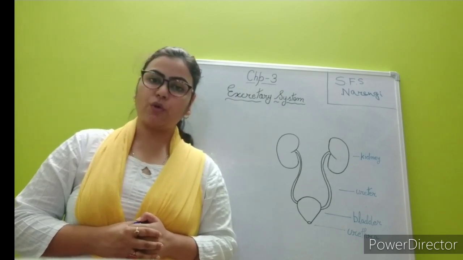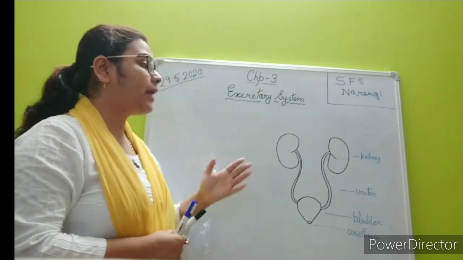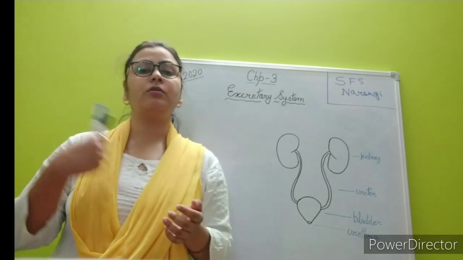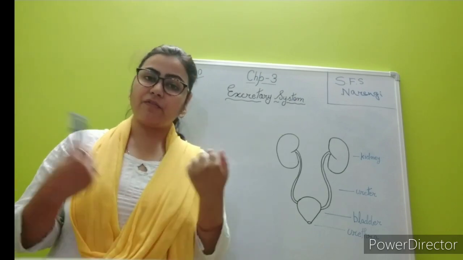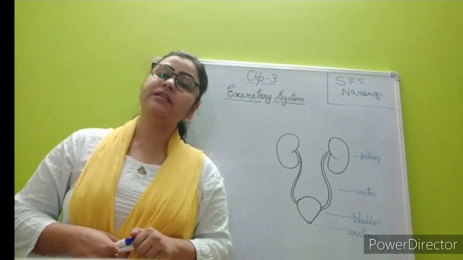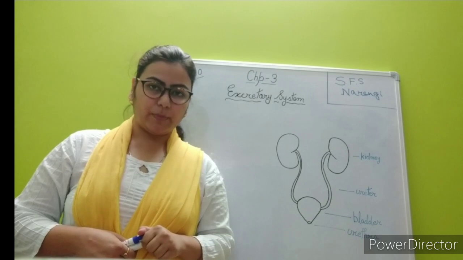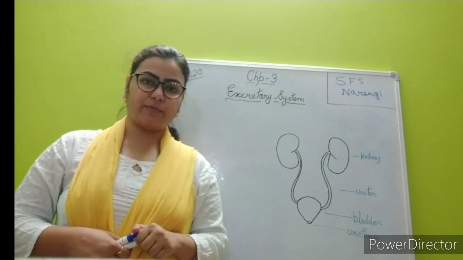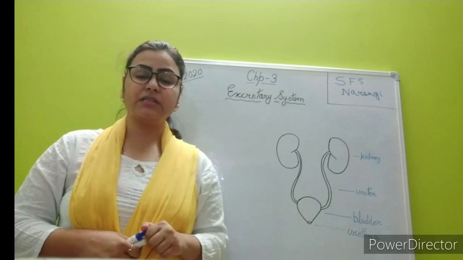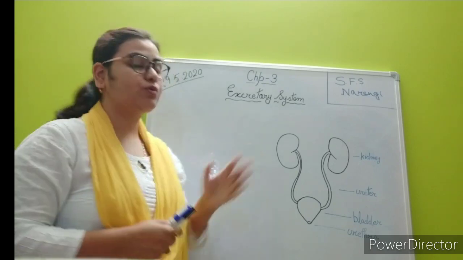Okay. So you see, the blood in our body travels through all parts of our body, and it collects all the waste materials. The blood collects all the waste materials from the body. Then the blood goes into the kidney.